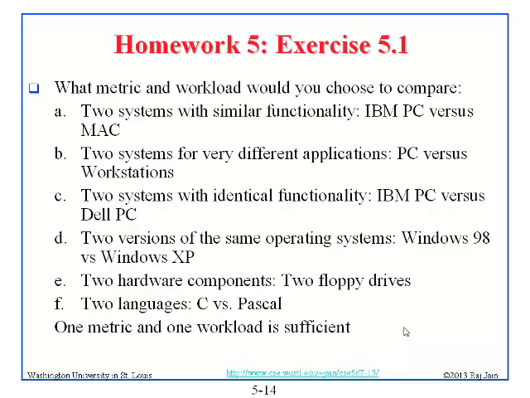Actually, we could have put HP PC versus Dell PC, something like that, because IBM PC somehow is a class. Sometimes people use it for Dell PC. Two versions of the same operating system, for example, Windows 98 versus Windows XP. Now I should change this example to Windows XP versus Windows 7 or something. Two hardware components, which means two floppy drives. Two languages, C versus Pascal.